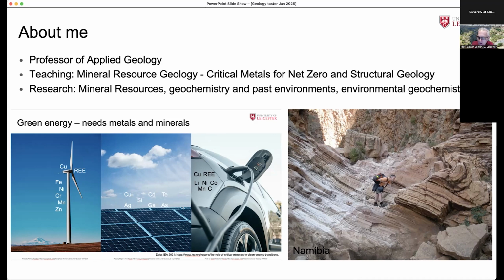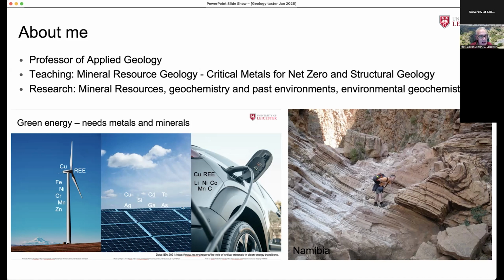And then also in the second year, I teach a class on structural geology. So on the right here, looking at how rocks are bent and squished and fractured, and understanding what that tells us about planet Earth.